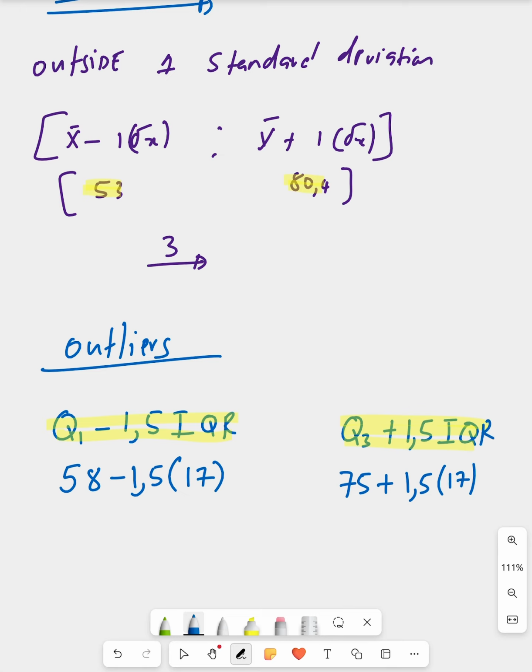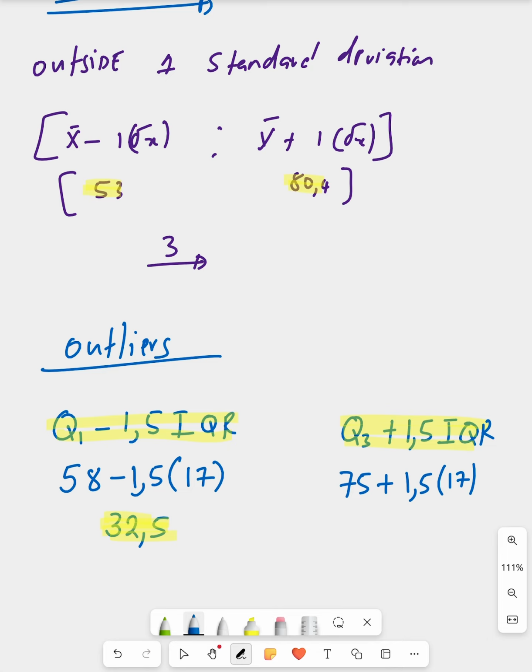If we calculate 58 minus 1.5 times 17, we get 32.5. So any number that is smaller than 32.5 is an outlier. We can also calculate our upper limit, which is 75 plus 1.5 times 17.